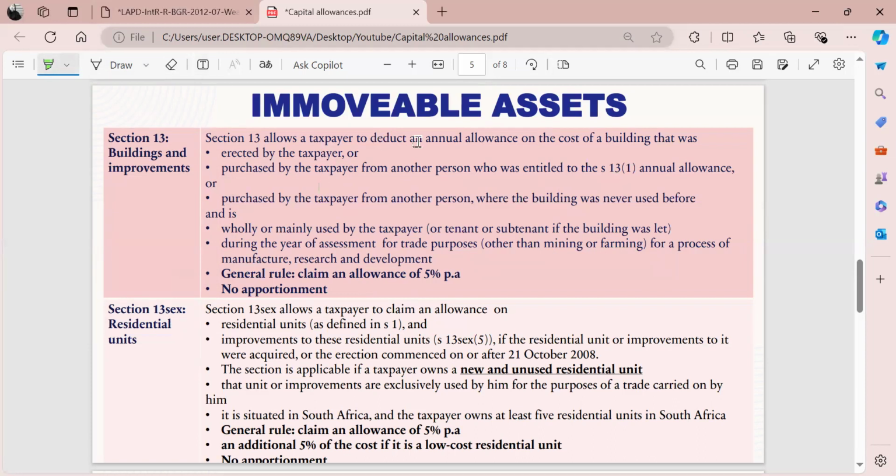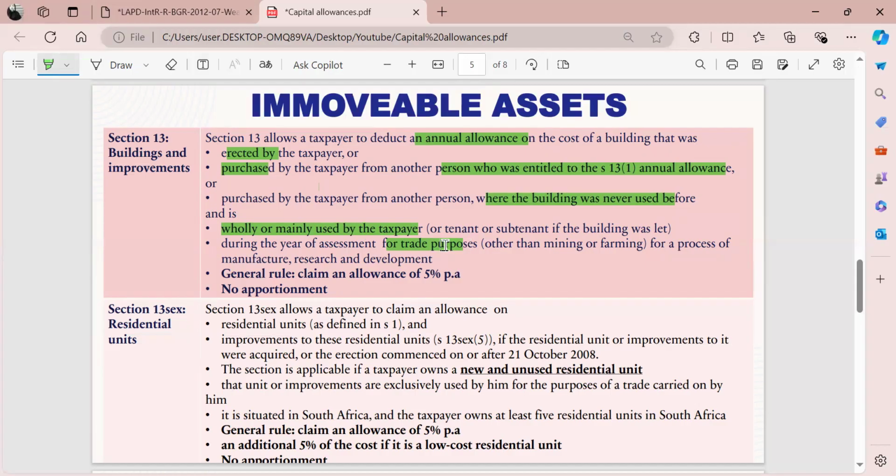So Section 13 allows the taxpayer to deduct an annual allowance on the cost of the building that was erected by the taxpayer, or purchased by the taxpayer from another person who was entitled to the annual allowance, or purchased by the taxpayer from another person where the building was never used before, and is wholly or mainly used by the taxpayer or tenant or subtenant if the building was let during the year of assessment for trade purposes other than mining or farming, for a process of manufacture, research, and development.